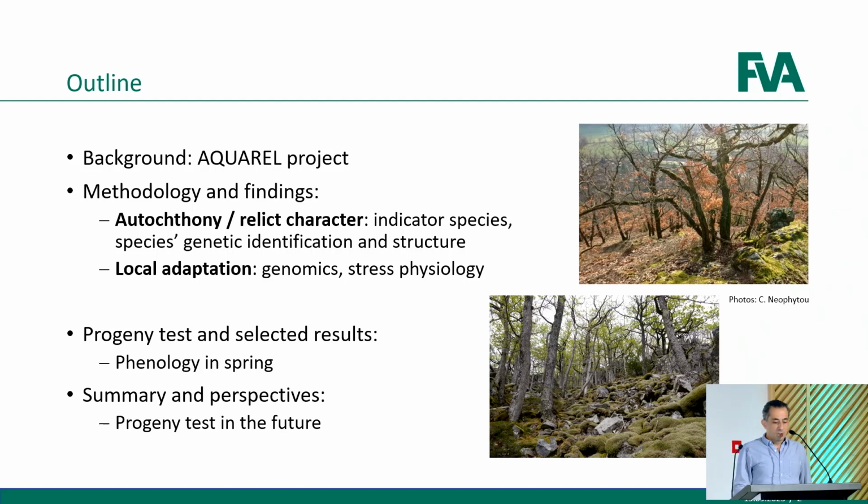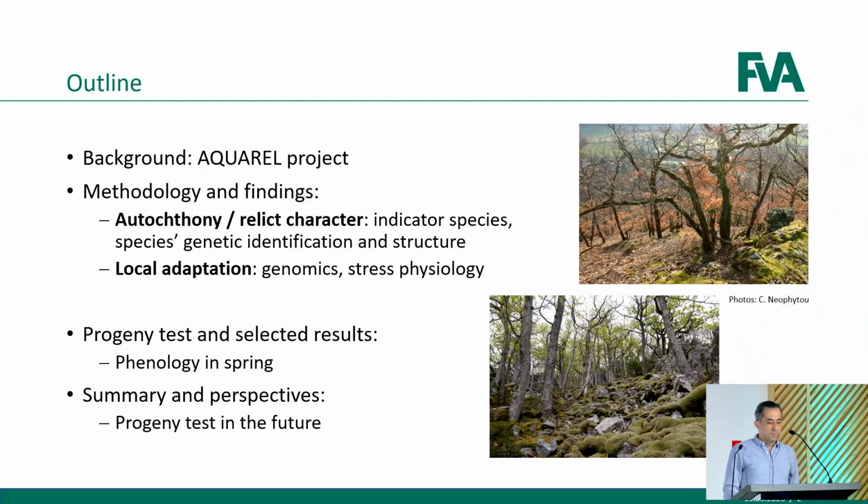As I already mentioned, we have a genomic and a stress physiology approach to address this question. In order to address the question of autochthony and of the relict character, we have, on the one hand, a genetic approach. On the other hand, we have some indicator species of barks and mosses and lichens.